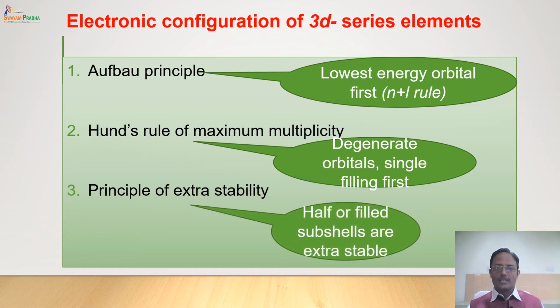Whereas the principle of extra stability says that half filled or completely filled subshells are extra stable. When I say shell, I am talking about K, L, M, N. When I say subshell, I am talking about s, p, d, f. And when I say orbitals, I am talking about s, px, py, pz, dxy, dyz, dxz. These are the orbitals.